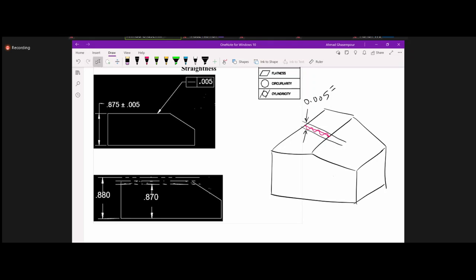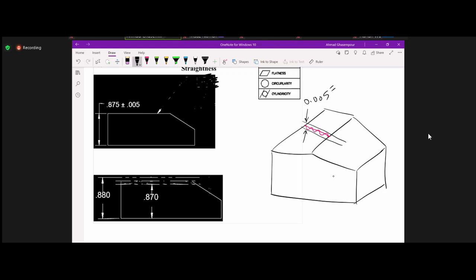Like how much? So imagine that this didn't exist, right? Imagine this didn't exist. What would be the limit on how much a line traversed on top of this surface can change or be out of a straightness?